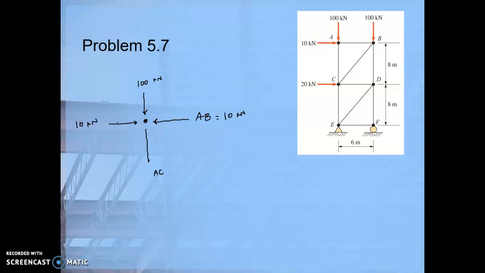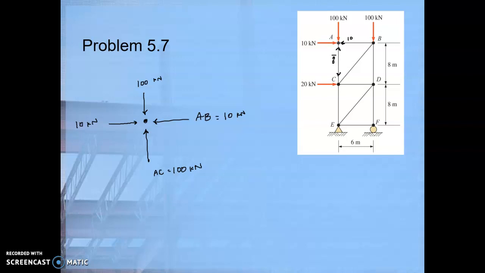And the vertical force of 100 can only be resisted by AC, so it must also be 100. And so just like that, without any calculation whatsoever, we know that this force is 10 and it's in compression, it's pushing against the joint, and AC is 100 and it is also in compression, pushing against the joint.